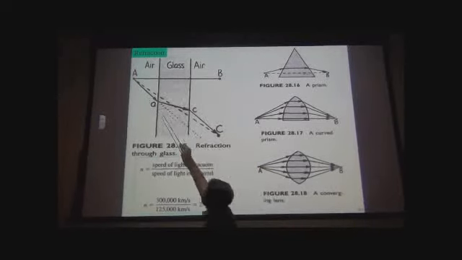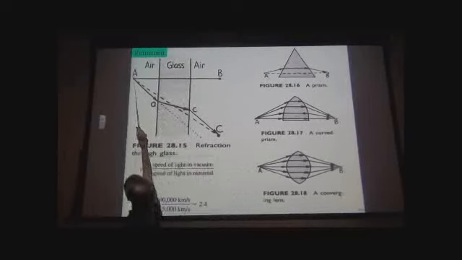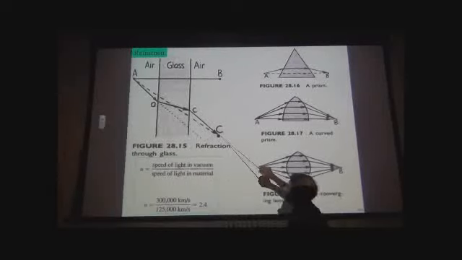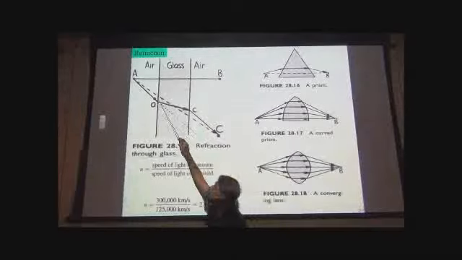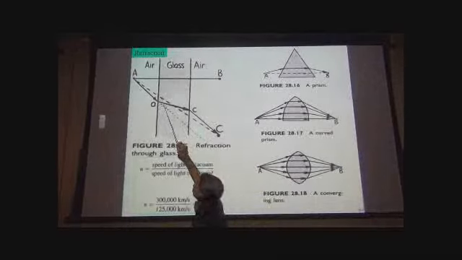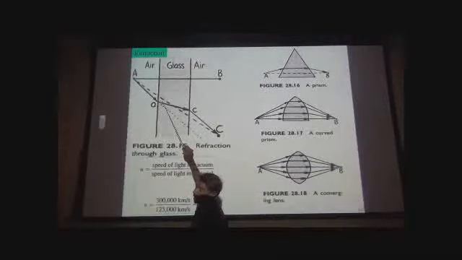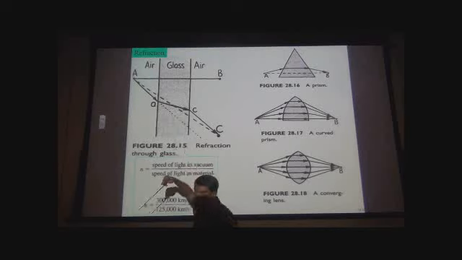The shortest path from A to C is from A directly through C, right? However, if light were to travel that shortest path, it would spend a longer period of time in the glass, which slows it down substantially. Glass is slower for light to travel through, and so the light wants, if you will, to spend less time in the glass.